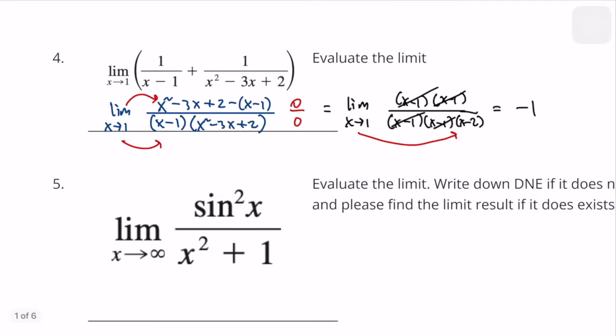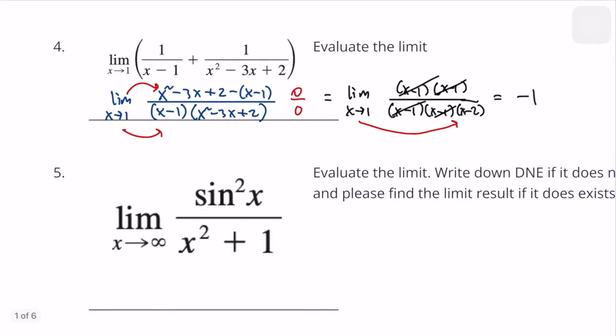Okay, let's see this limit here. So the limit as x approaches infinity of sine x squared. So what should we do first? First, think about what will happen with this limit when we are looking for some approximation here.